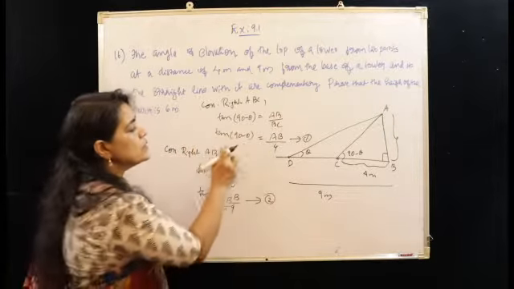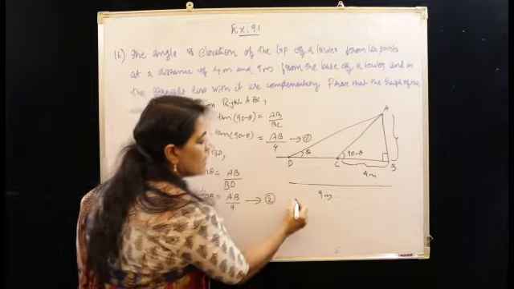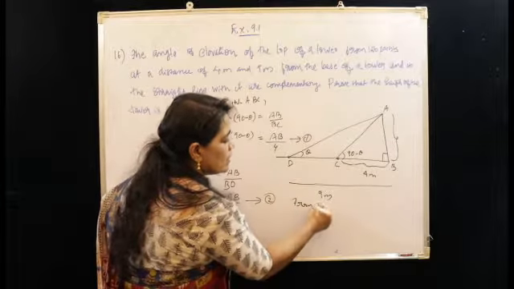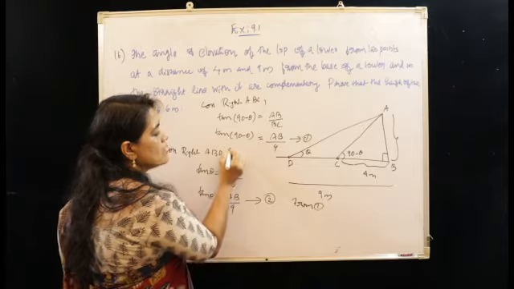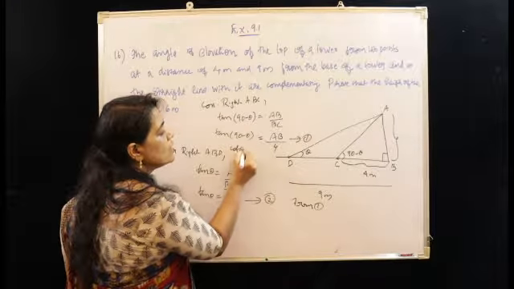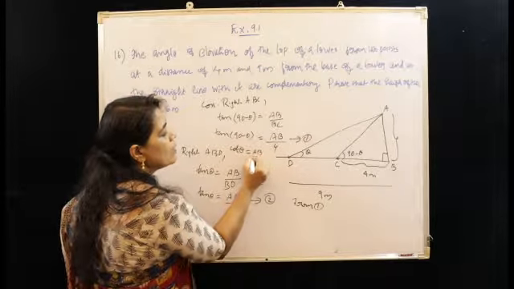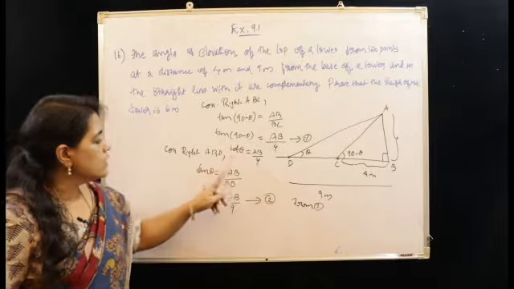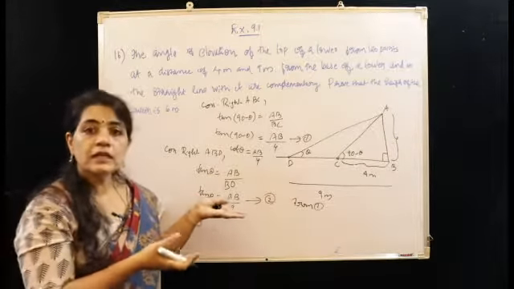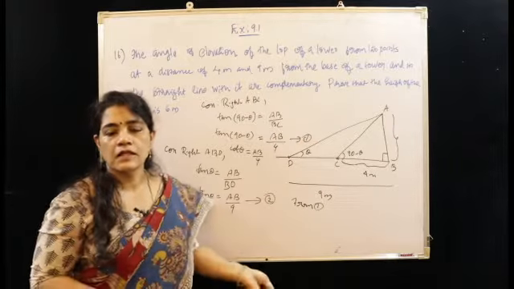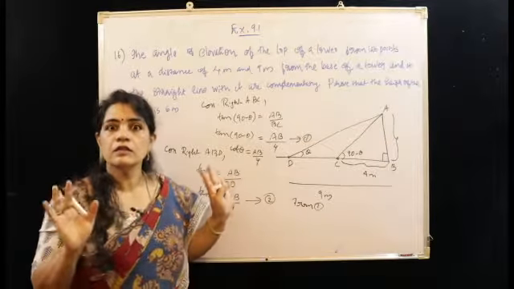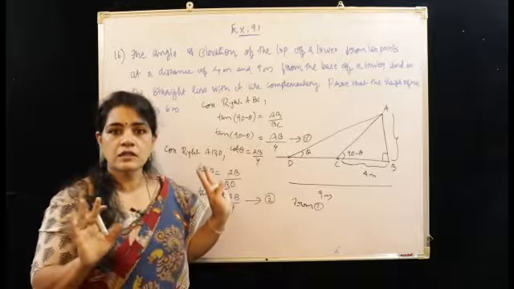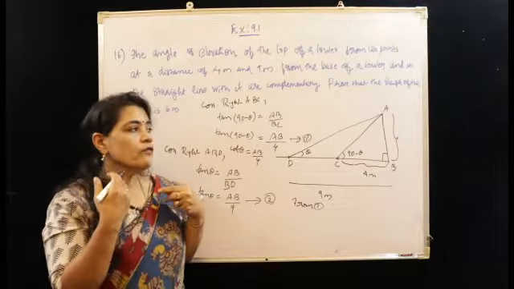So from equation 1, tan of 90 minus theta is equal to cot theta, equal to AB by 4. Cot theta and tan theta are not in the question, since we have to prove that AB equals 6, so we have to eliminate them.